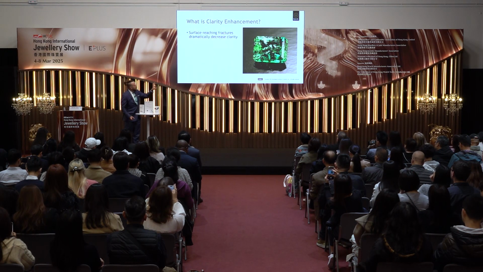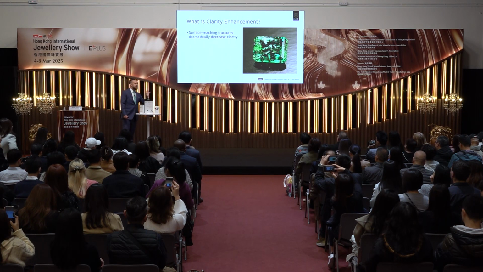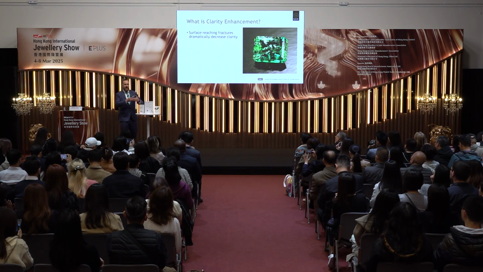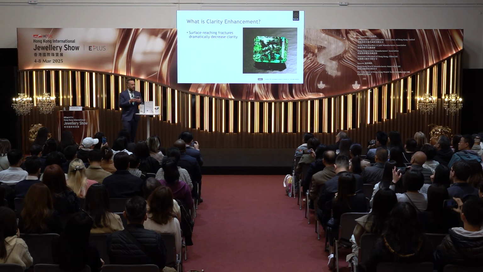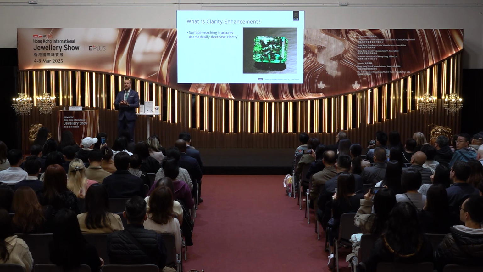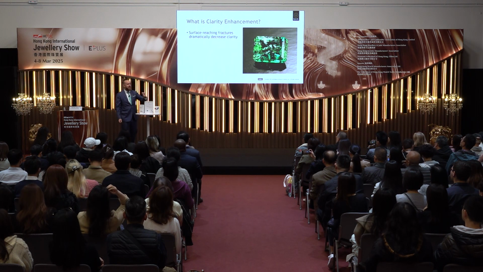Now, the emeralds that we see have surface-reaching fractures, and these fractures are filled with air. And the contrast between the air that is in the fractures and the emerald itself is a very big optical contrast. That is why they are so visible. So basically, during clarity enhancement, we take a material and we put it in the fractures.